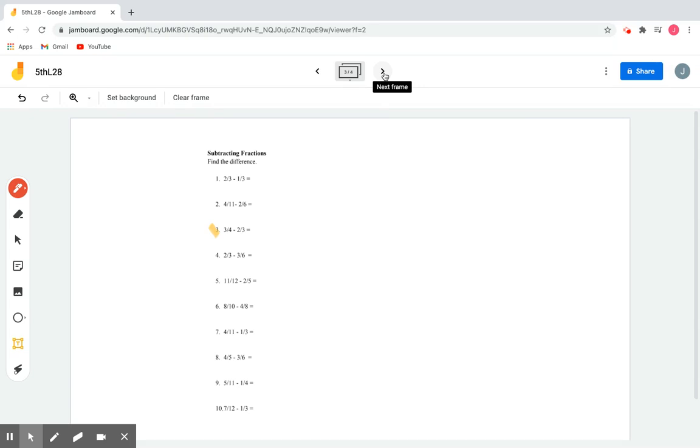And we have subtracting fractions. Let's work on number 3 together. We have 3 over 4 minus 2 over 3. So when we subtract the fractions, we need to find the common denominator. And in order to find the common denominator, we need to find the least common multiple.